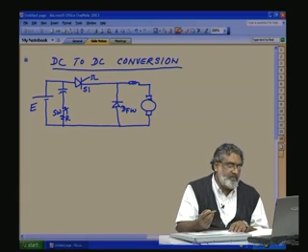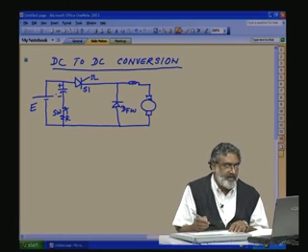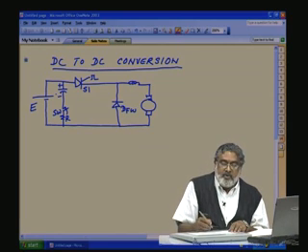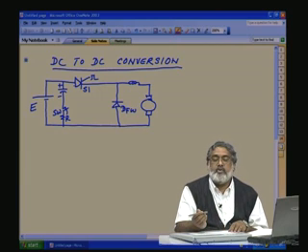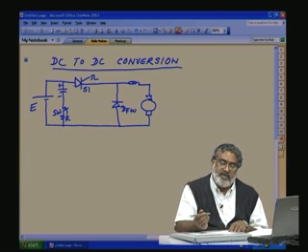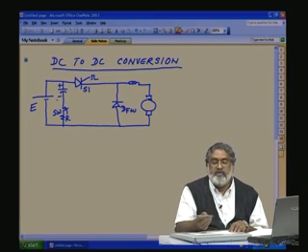By the time the capacitor will be charged to this voltage here. But this is not the voltage we have to apply across the thyristor. For thyristor to turn off, we have to reverse bias, that means anode should be negative compared to cathode. That means we have to reverse the capacitor voltage before the thyristor can be turned off.